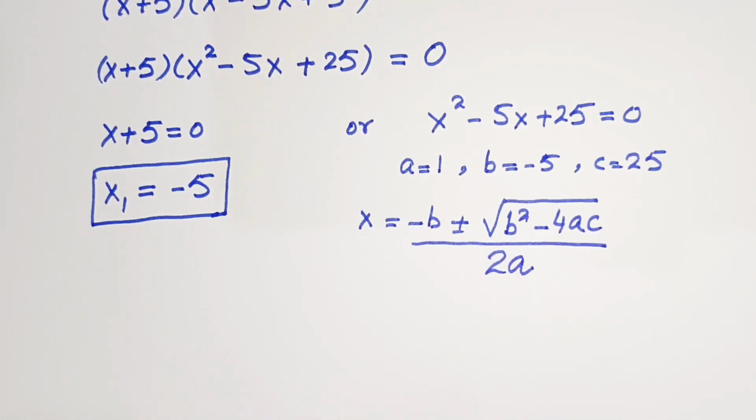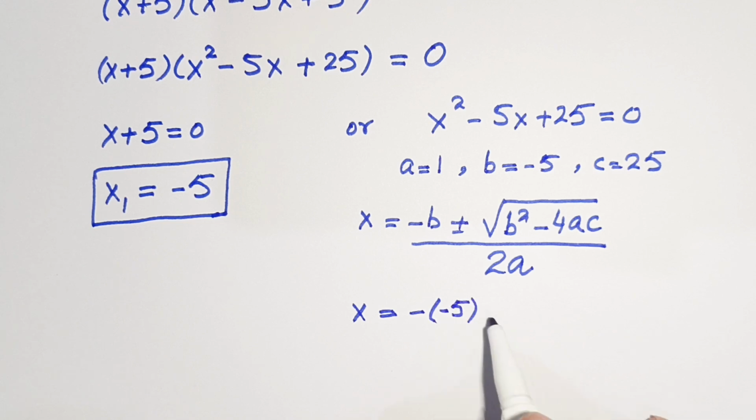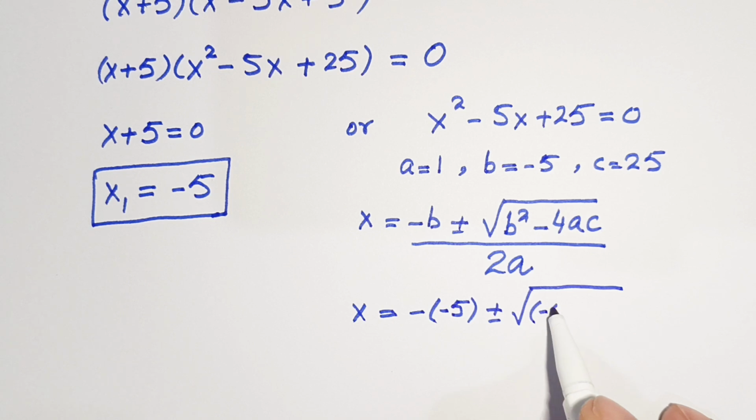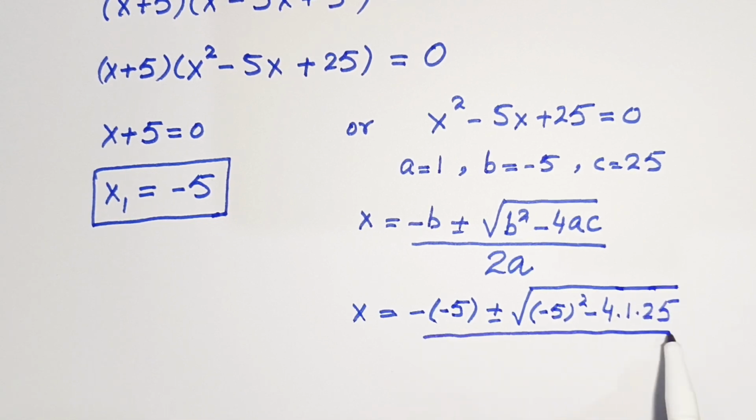Now here x is equal to minus b, the value of b is minus 5, plus minus square root of minus 5 whole squared minus 4 times a is 1 and c is 25, all over 2 times a, a is 1.